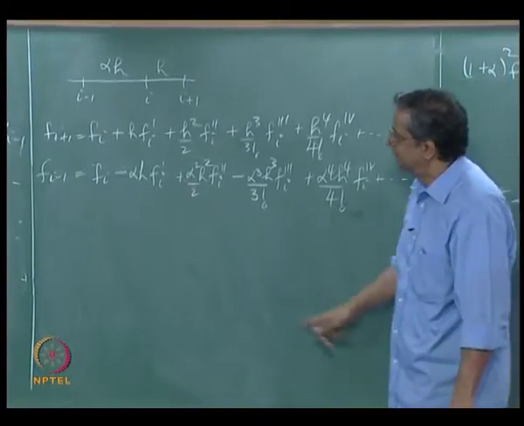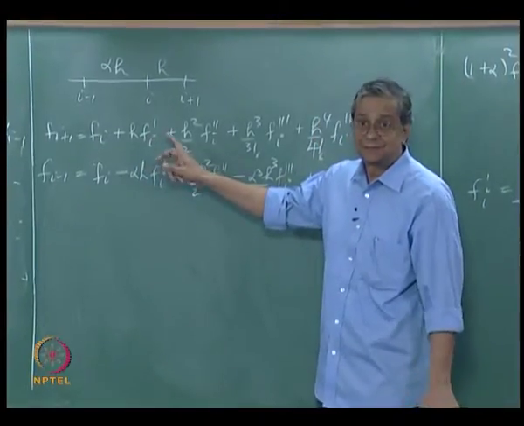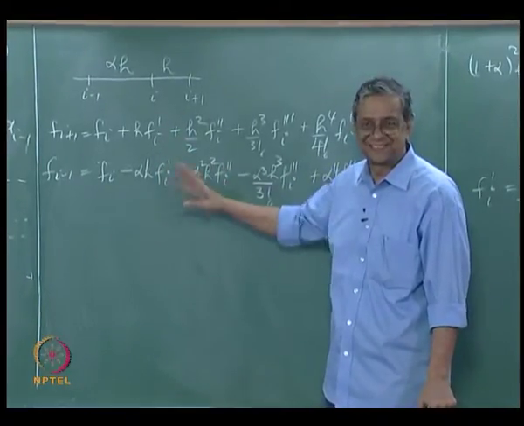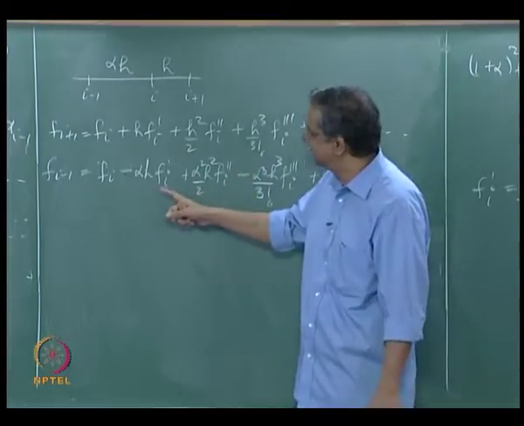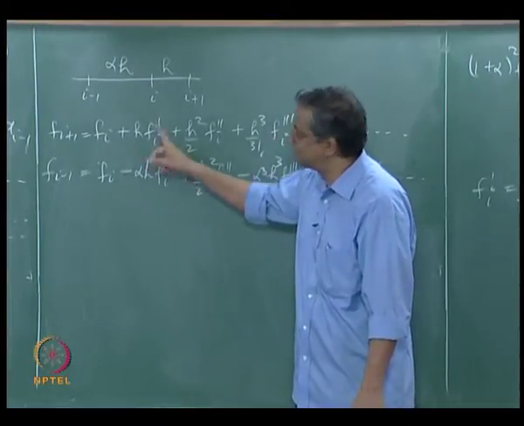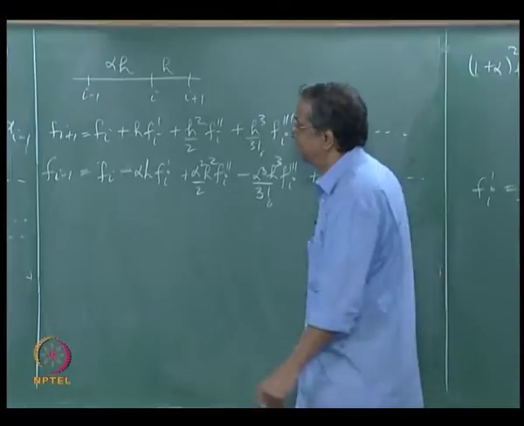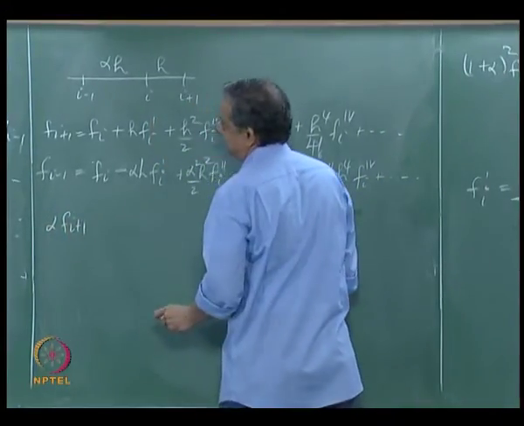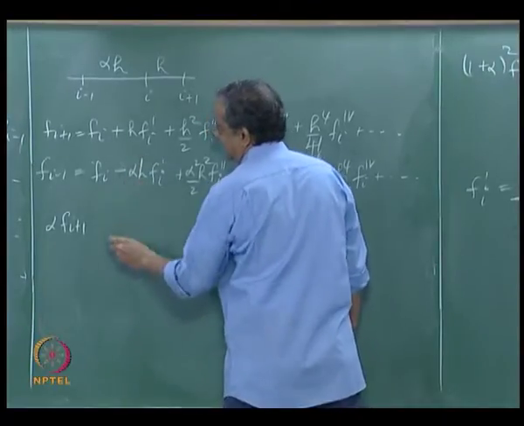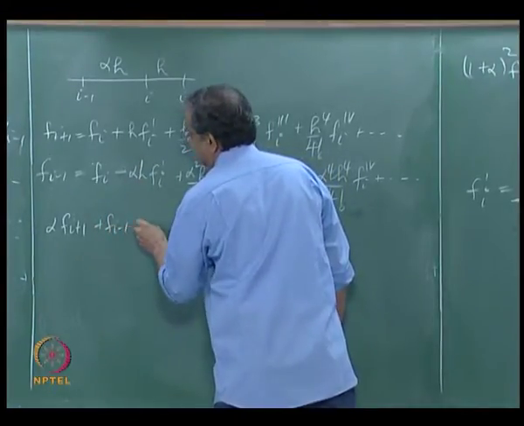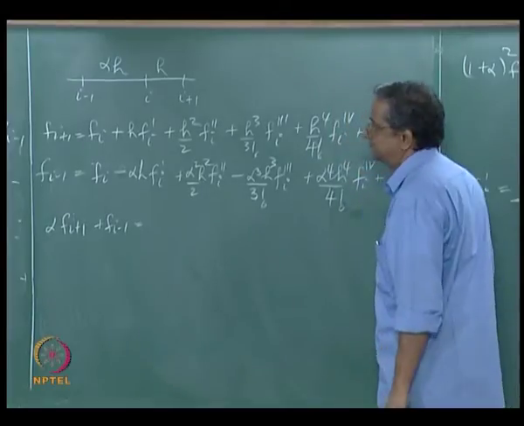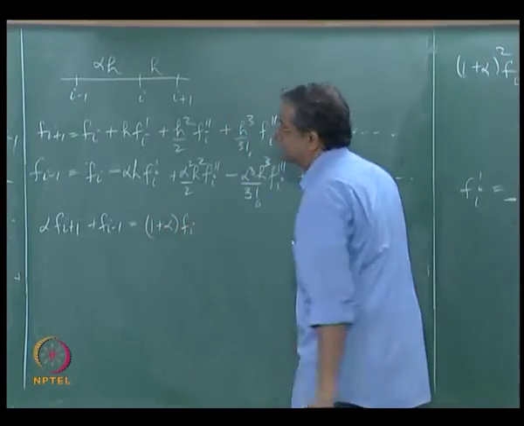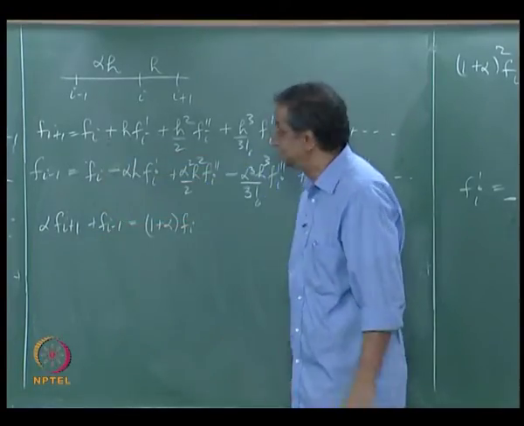Now I am a little desperate. I have to get rid of that first derivative, that is my need, I want the second derivative. So I multiply the first equation by alpha to get rid of that. So I get alpha f at i plus 1, and to that I add the second equation, f at i minus 1 equals 1 plus alpha times f at i.